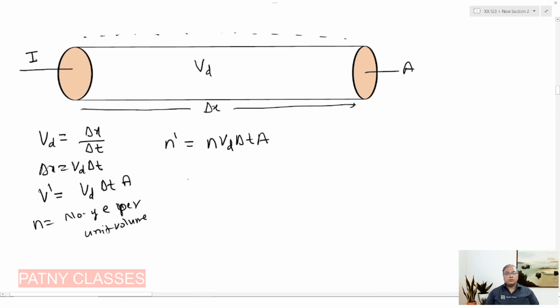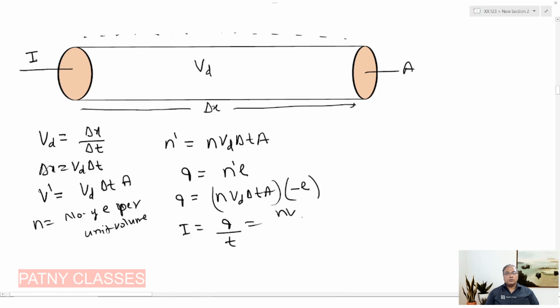After that we found Q. Q is the total charge flowing, that is N dash into E, where N dash is N into Vd into delta t into A multiplied by the charge on the electron. We took the minus symbol as well. Now the current formula is I equals Q upon t.